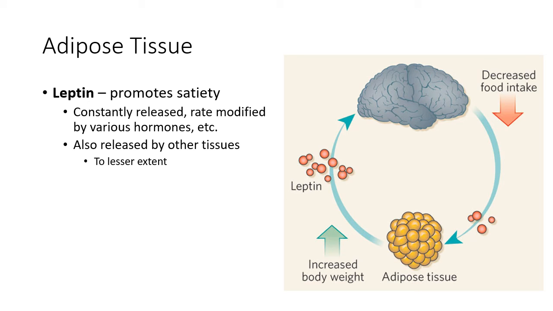Leptin acts in the brain to promote satiety, again meaning that it makes you feel full and like you don't want to eat anymore. Leptin is always released by adipose tissue on a constant basis, but different hormones that act on adipose tissue can cause more leptin or less leptin to be released. So the way it should work is that as you eat more, you are able to put on more weight and you get more adipose tissue.